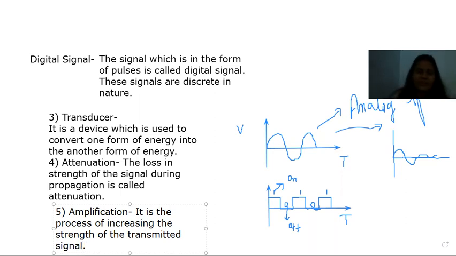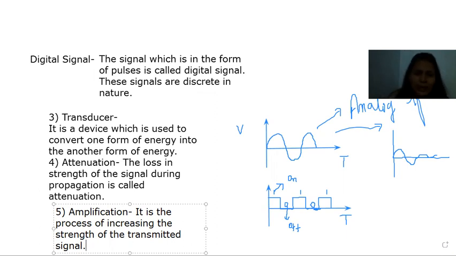So amplification is the process of increasing the strength of the transmitted signal. Attenuation is the loss, and amplification is the process of increasing the strength of the transmitted signal.